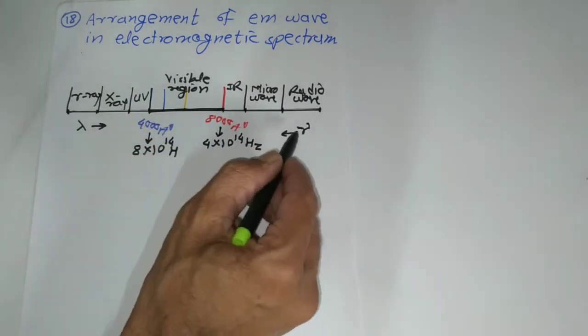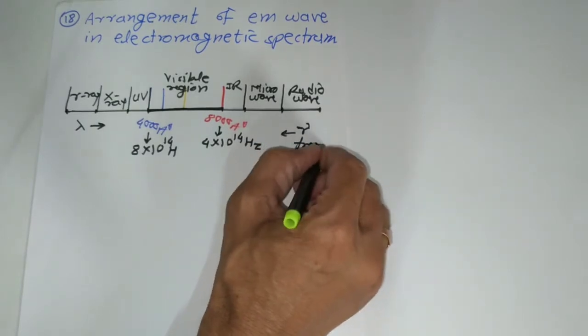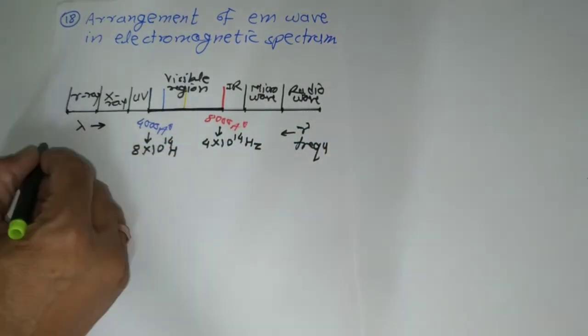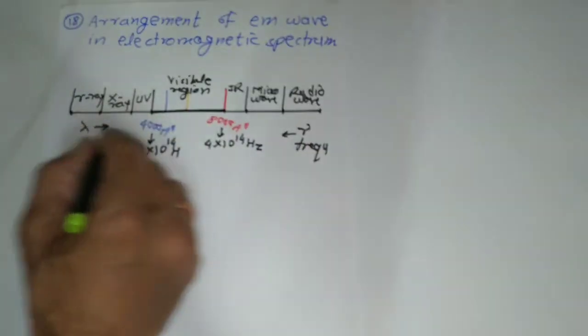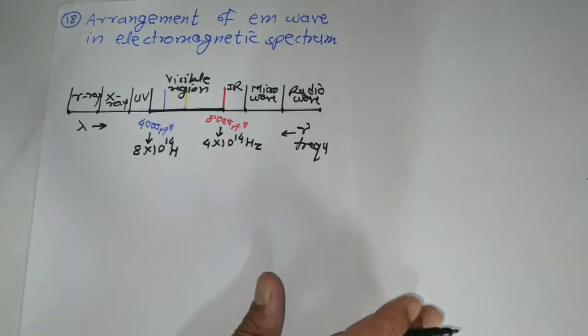So you can see that the frequency nu increases from right to left, while the wavelength increases from left to right. Now let's concentrate on our problem.